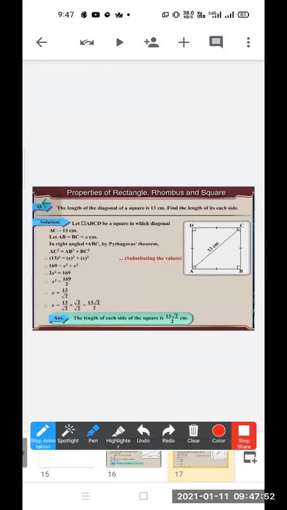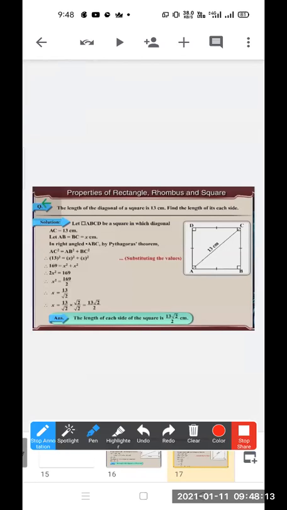Here also we can apply the Pythagoras theorem, because in a square all angles are right angles. And we know that in a square all the sides are congruent.